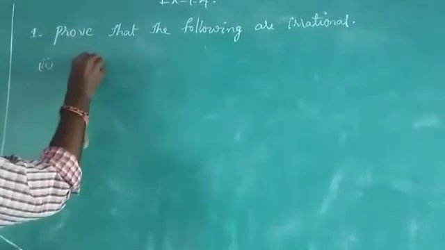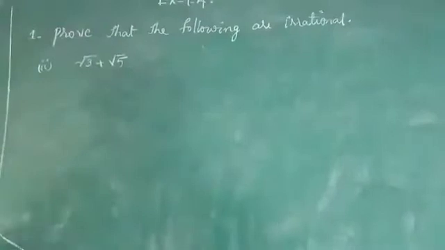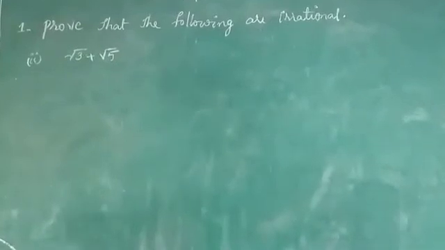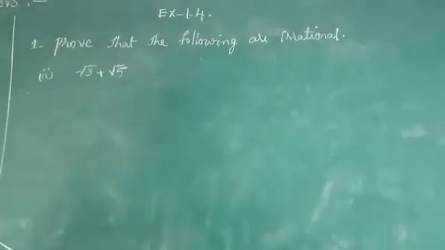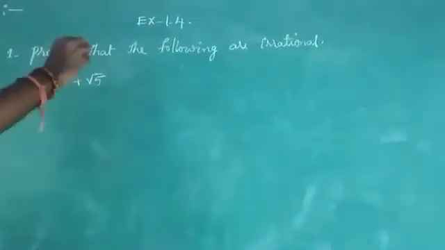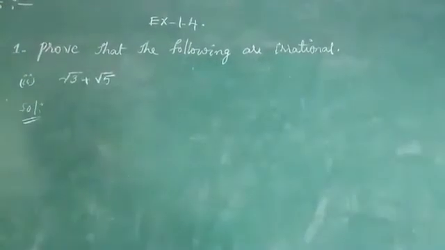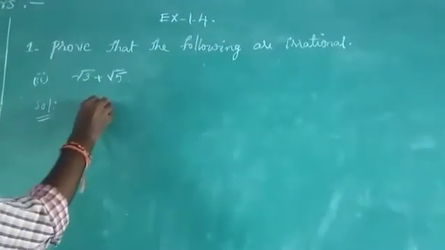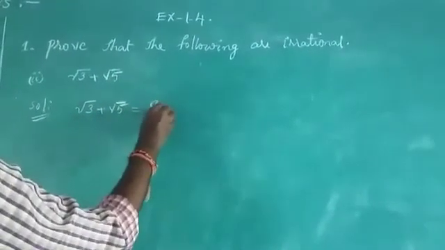What is the second one? Root 3 plus root 5. We need to prove that root 3 plus root 5 is an irrational number. So let's assume, solution: assume that root 3 plus root 5 is equal to a by b.